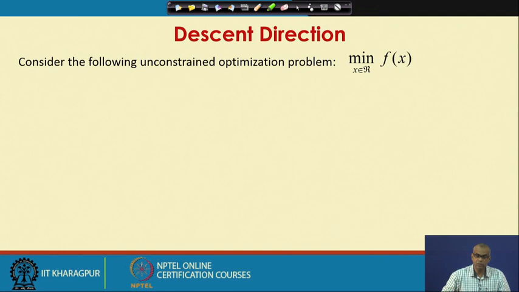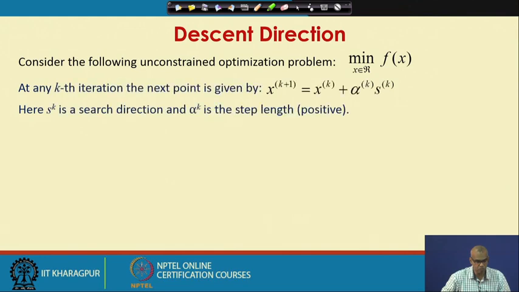We have talked about descent direction before. Let us quickly review one more time what we understand by descent direction. Consider an unconstrained optimization problem, minimization of f x, x can take any real value. At any kth iteration, the next point, that means at iteration number k plus 1, is obtained as x k plus 1 equal to x k plus alpha k into s k.